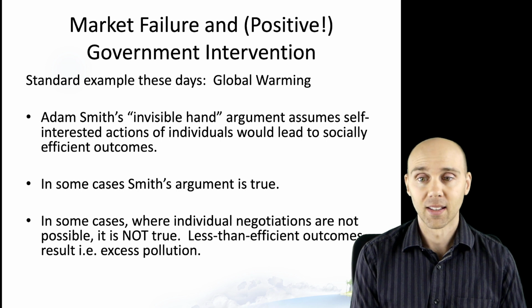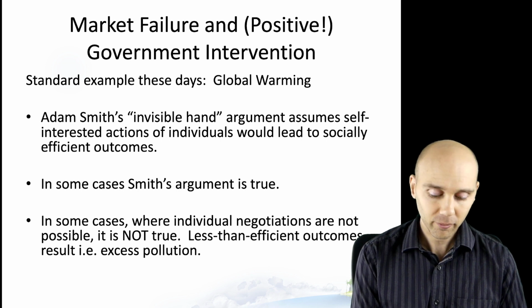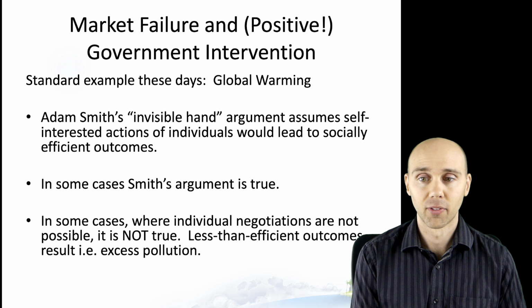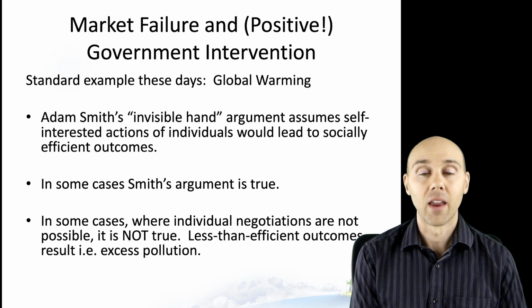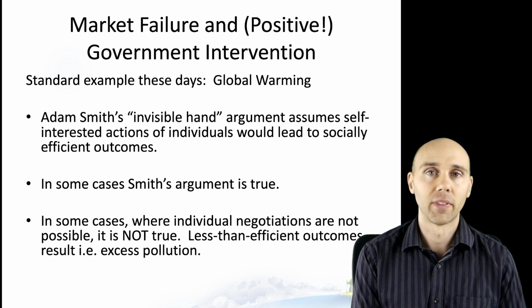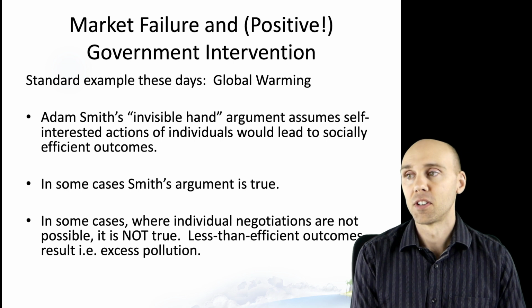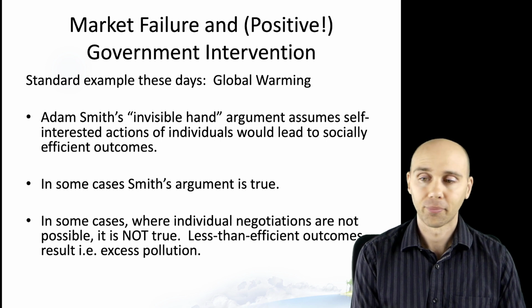But what we're going to see is that there are situations where these are not socially efficient. And the easiest example to think about off the top of your head are situations where we have excess pollution.